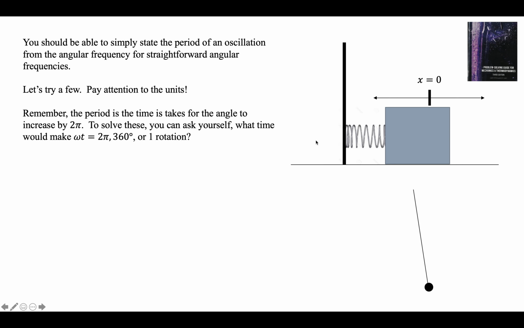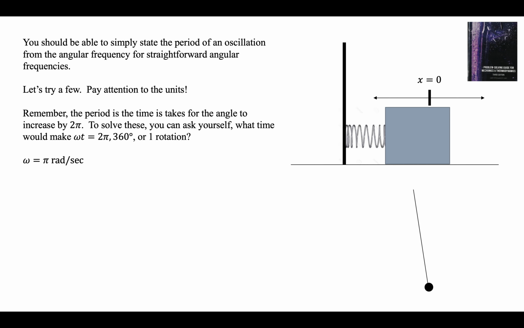Remember, to solve these, you can ask yourself, what time would make omega t 2 pi, or 360 degrees, or one rotation? Because that's what the period is, the time it takes to undergo one cycle. Okay, omega is pi radians per second. Pi radians every second. You can pause it if you want. Pi radians is half a cycle.